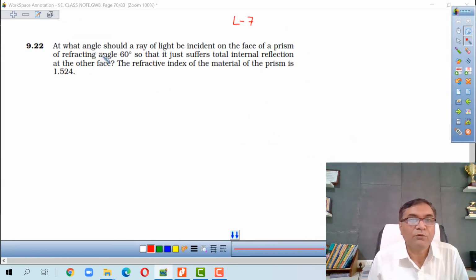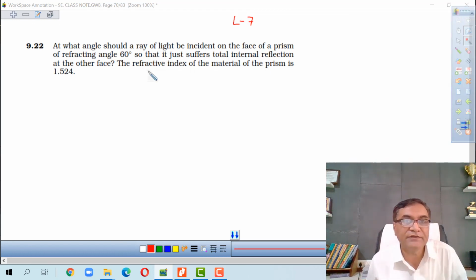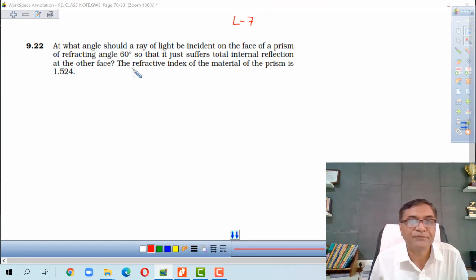At what angle should a ray of light be incident on the face of a prism of refracting angle 60 degrees so that it just suffers total internal reflection at the other face? The refractive index of the material of the prism is 1.524. First we draw the figure according to the question.